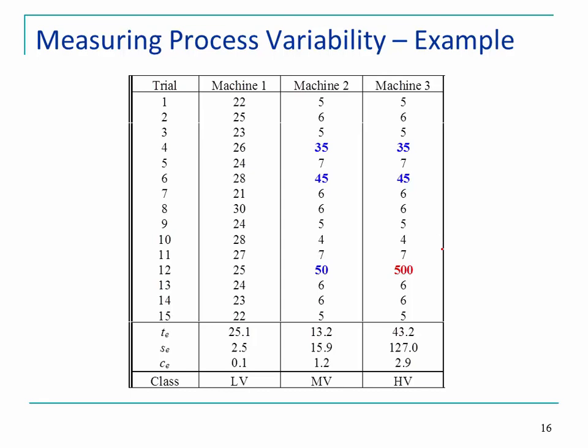So here's an example. So we have three machines. You're computing the average for the processing time. We also compute the standard deviation, and we can get the coefficient of variation by dividing this by this. Okay, and we get the three different values.